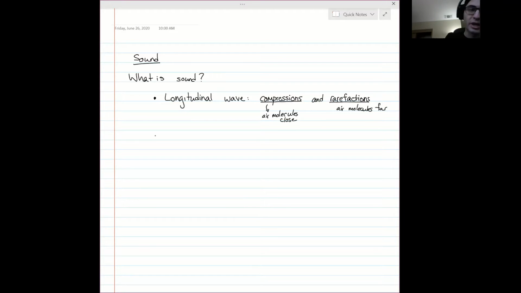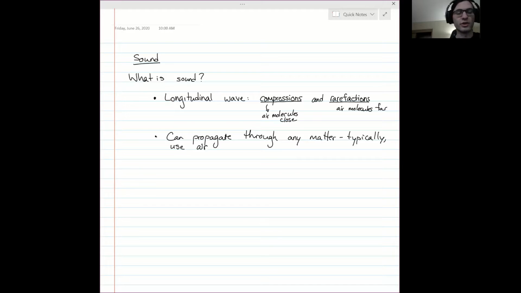Sound, in fact, can propagate through any medium. Well, through any matter. But we typically use air, because we breathe air and that's what we exist in. But, you know, sound does travel through water, sound travels through metals, a whole bunch of different things.